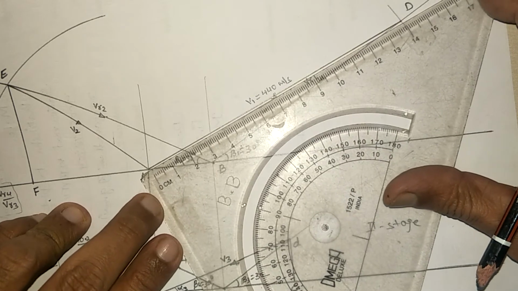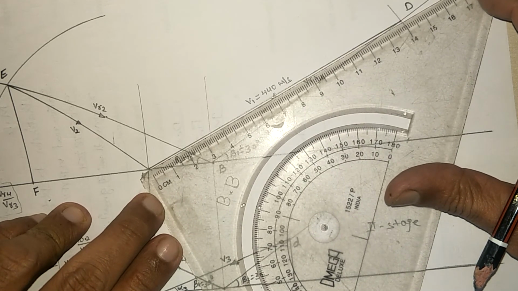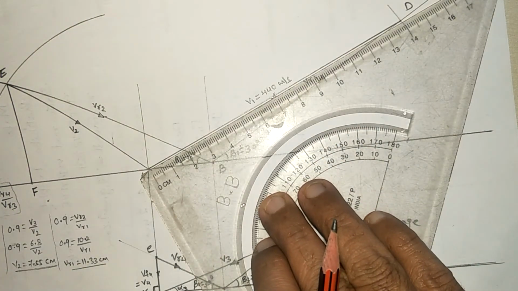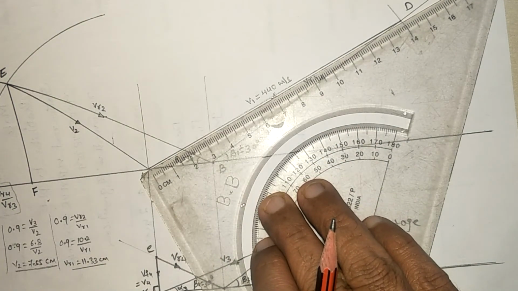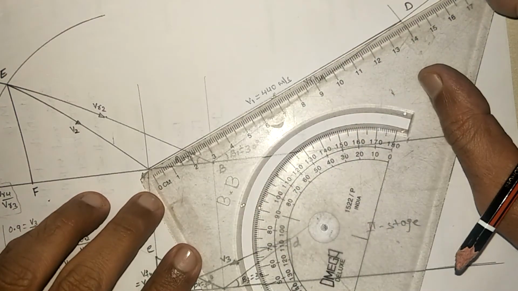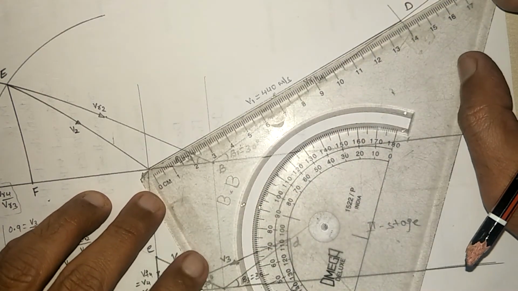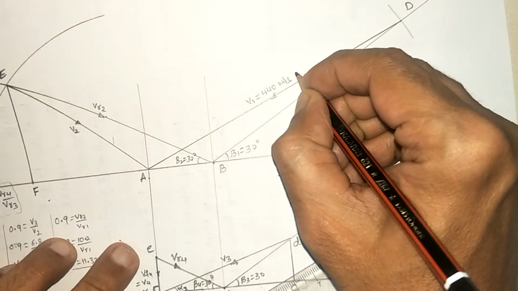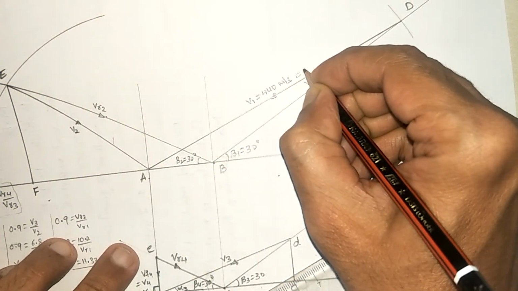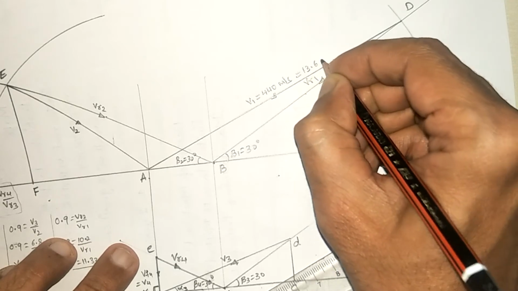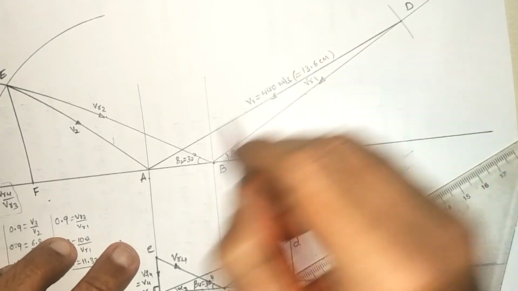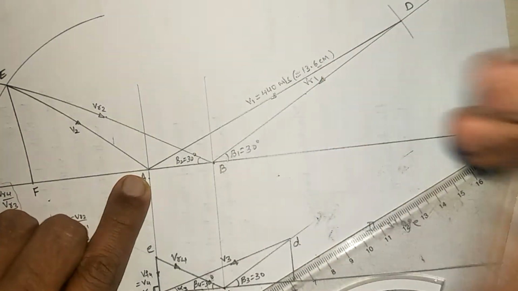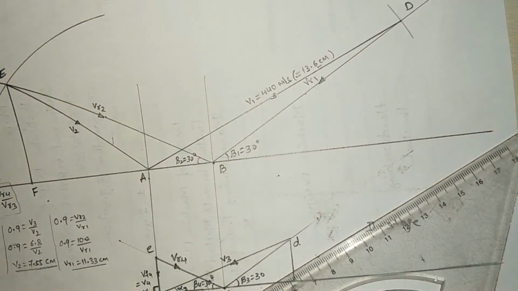We are obtaining the length of V1, which is almost 13.6 centimeters. So this AD length is 13.6 centimeters.